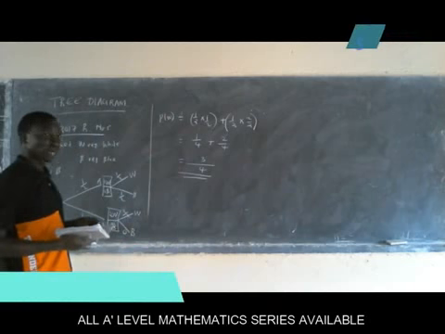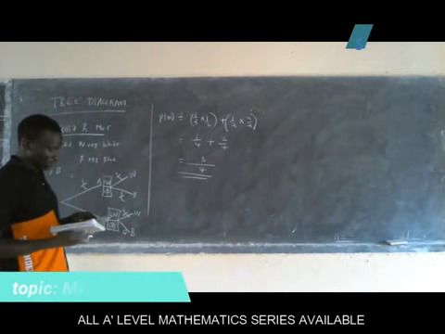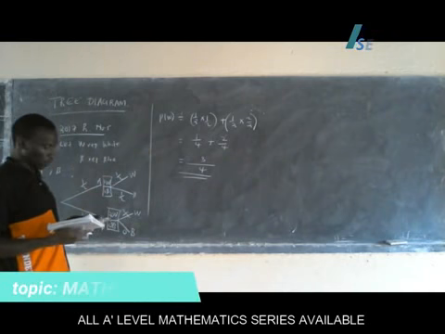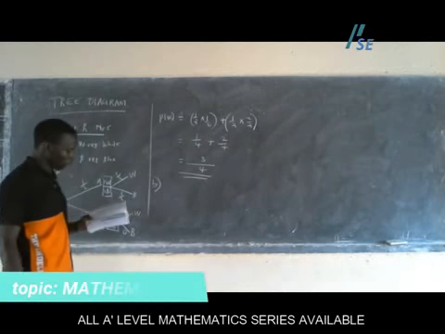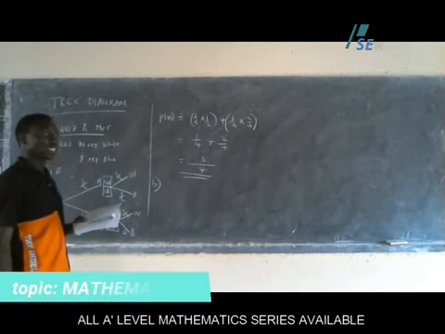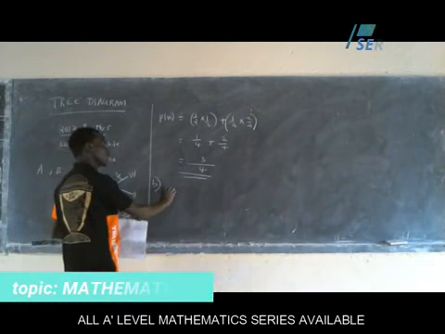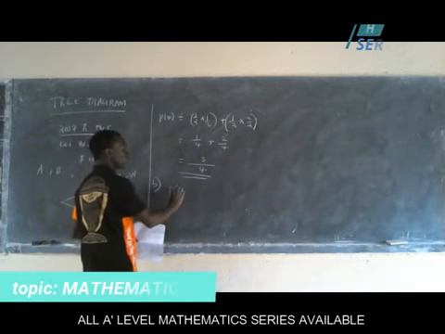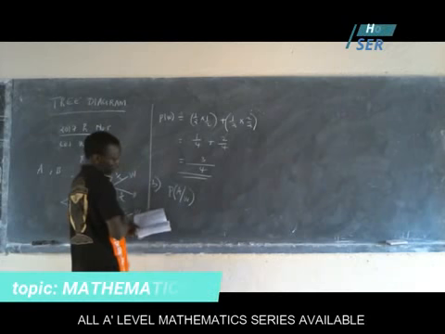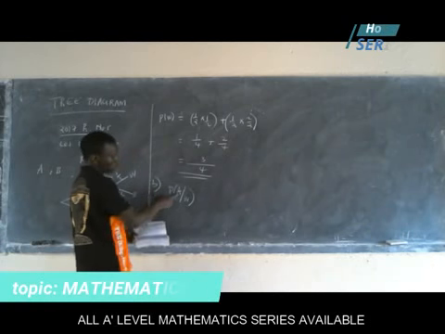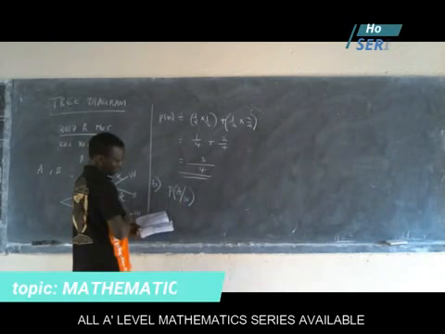However, we have two parts in this question. They say part B, find the probability that it is from box A, given it is white.